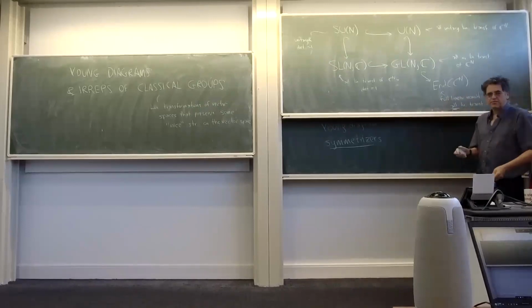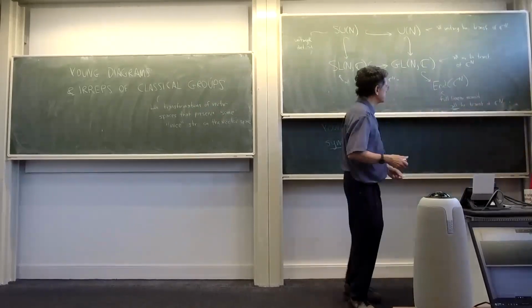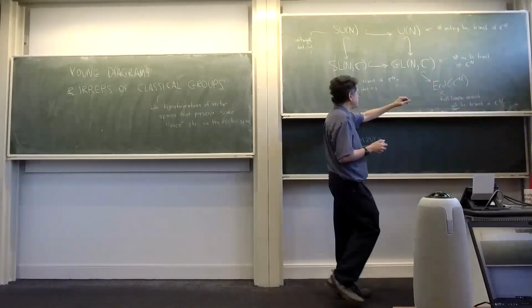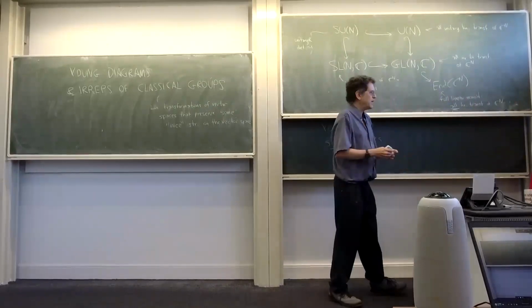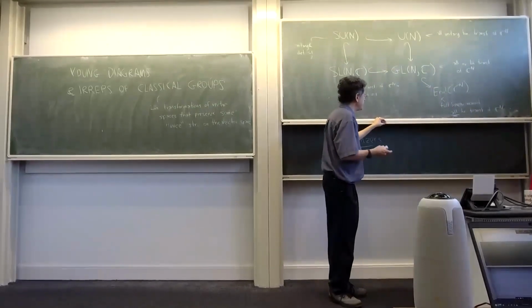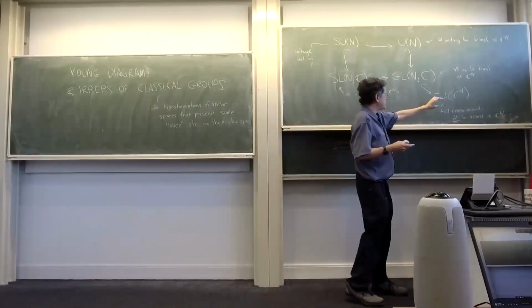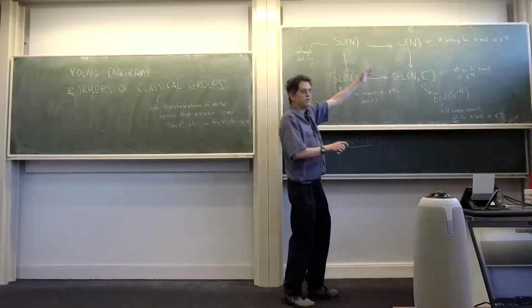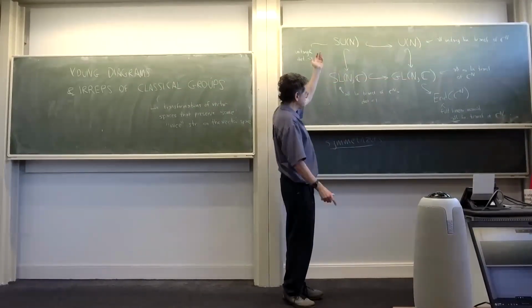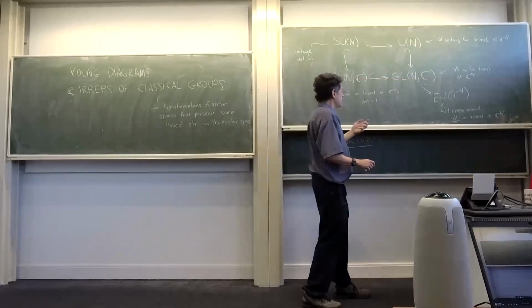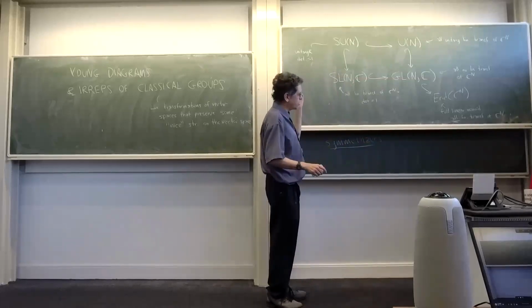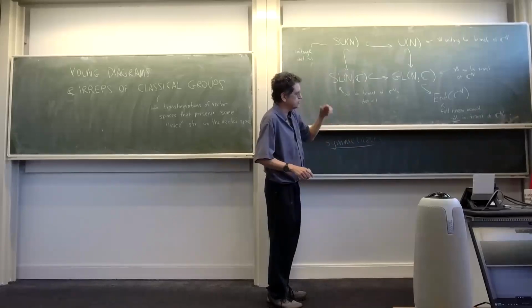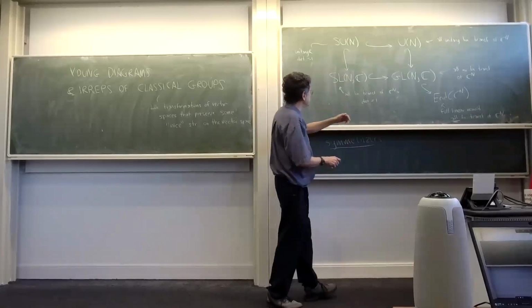And so it turns out that the easiest and most important thing to classify are the representations of that. And once you have an irreducible representation of that, you can get representations of all these other things, because remember, a representation of a monoid is just a homomorphism from it to linear transformations of some vector space.